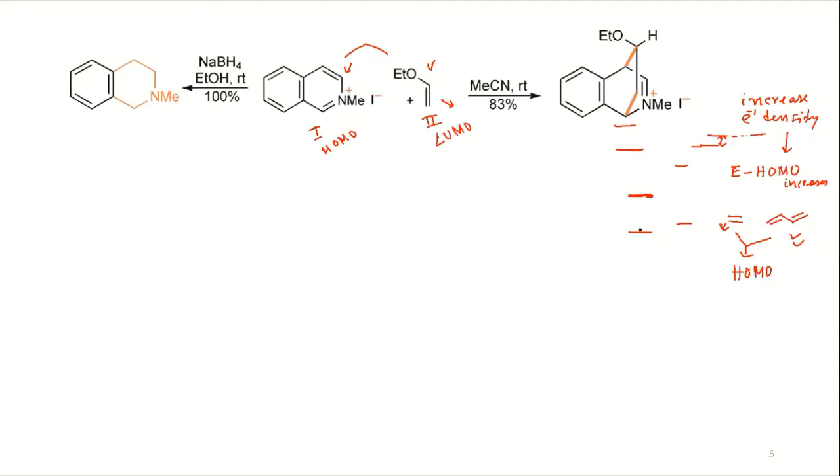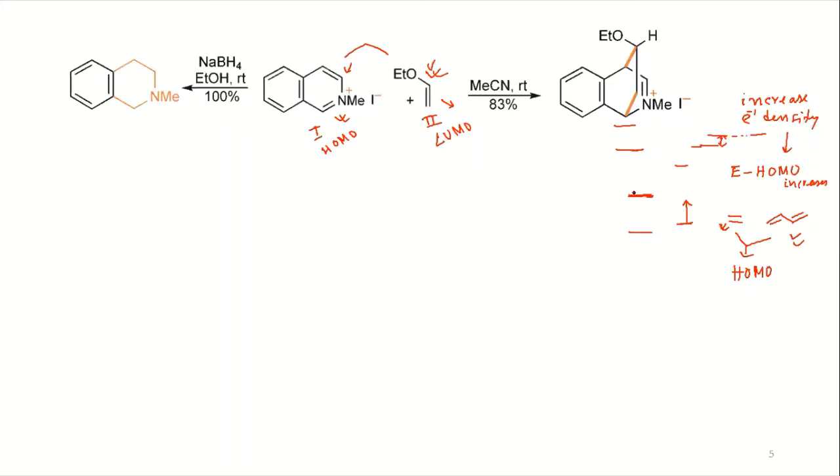Now when you are having the electron density more, so this you have the electron density more, okay, this you have electron deficient. So electron density will increase the HOMO level.